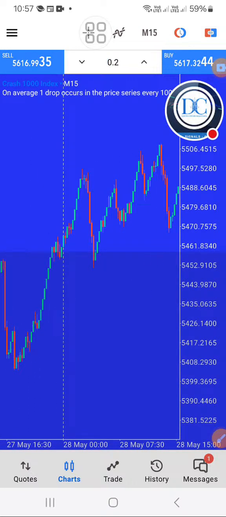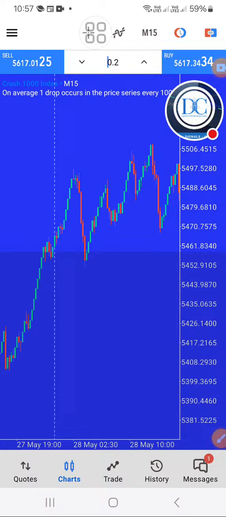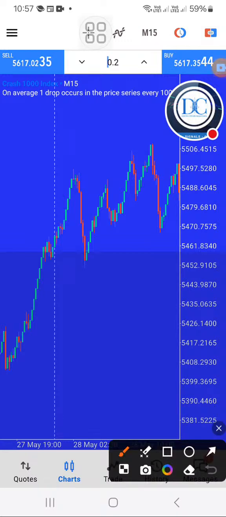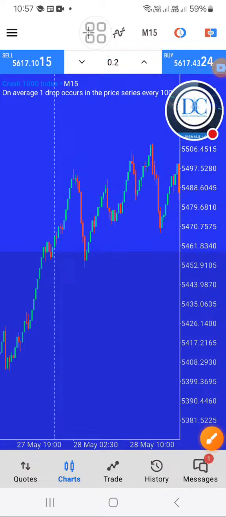On M15, here we can see price dropped. That's the drop that made the day's low. It created the low for the day, this one. And then price moved upwards, resulting in a break of structure. Then wait for price to drop and come back to an order block.